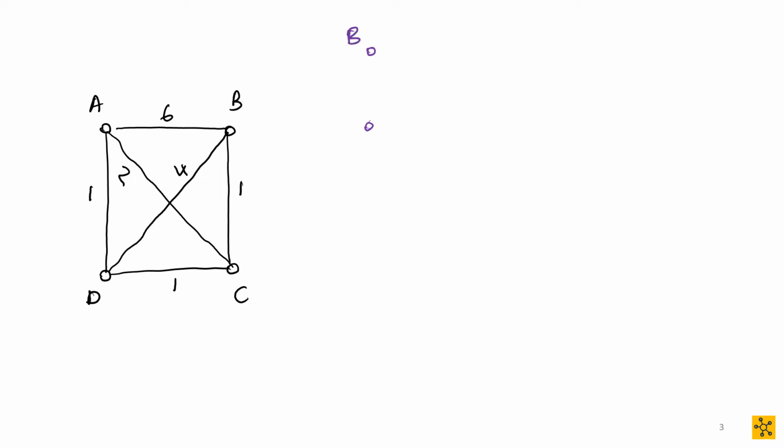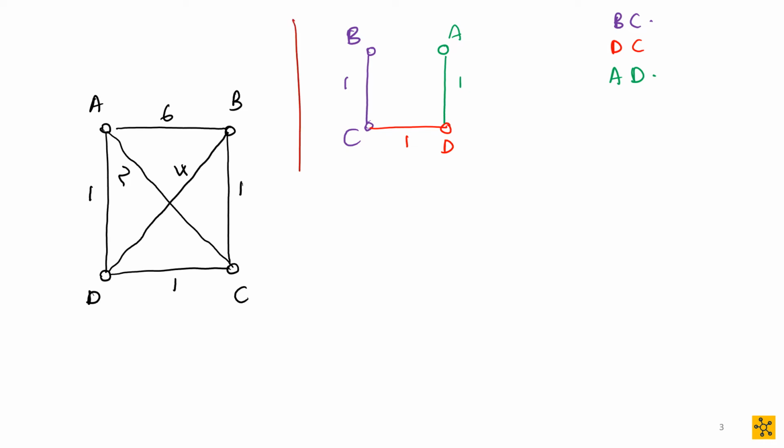Then we look for the next one, and I'll add DC. That's one, and that's one. Bring your weights across with you. And then I look for minimum weight, and I add AD. Okay, so now we have a minimum spanning tree.